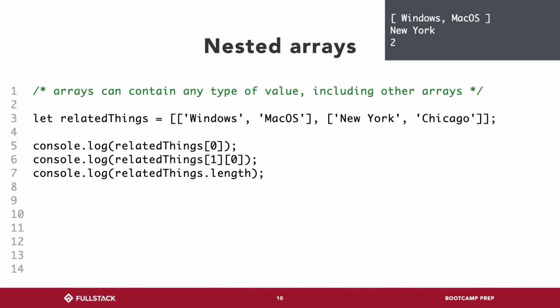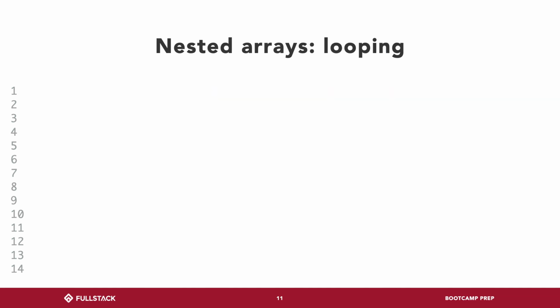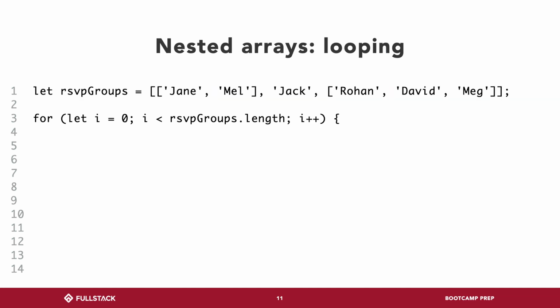How does that feel, nested arrays to you guys? Okay? They're not too bad, but it can get confusing. So here's an example of looping through a nested array. So you have let rsvpGroups. Okay? So we have an array of 3 things, right?